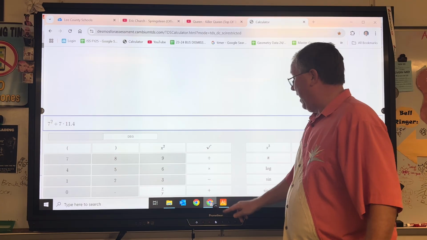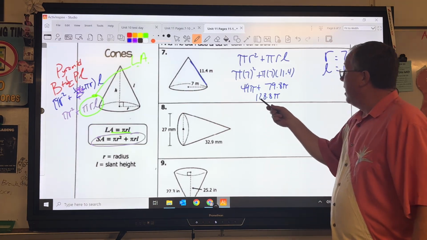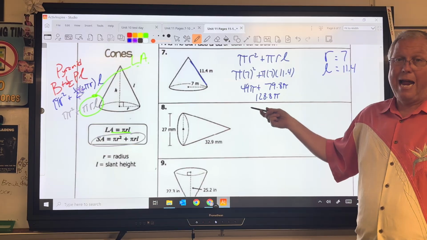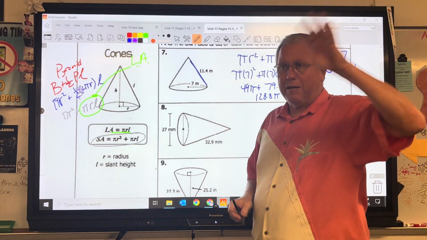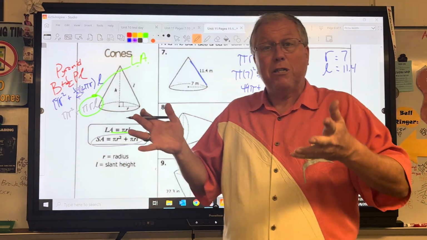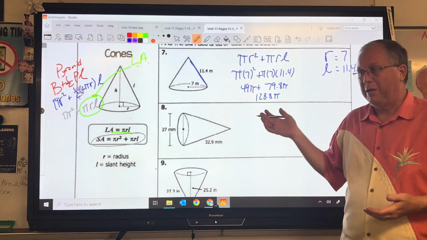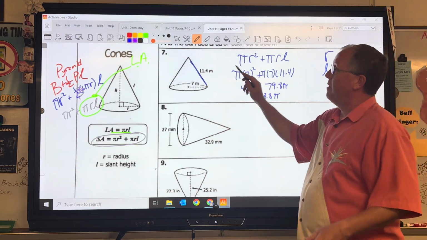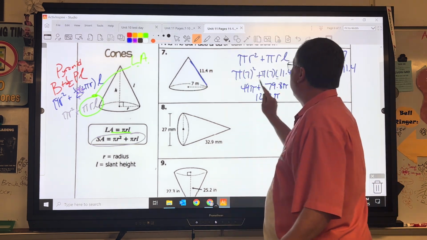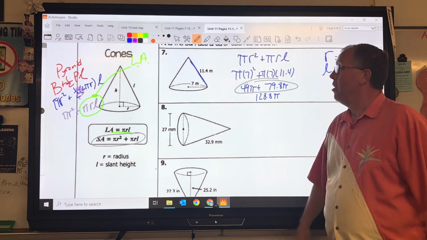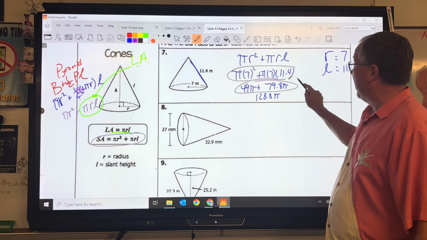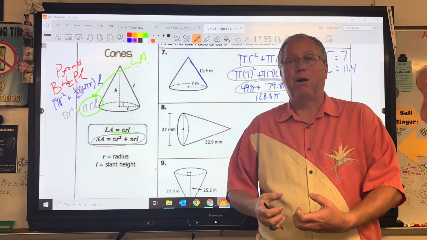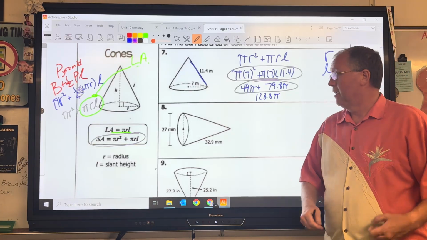If I go back here, remember I just left off pi, I slap on the pi now, 128.8 pi. And again, if it said round to the nearest tenth, then you multiply by the pi, put the pi button in there, okay? Or you can even type this whole thing into your calculator. It will give it to you. You just have to find the parts and put it into the equation, okay?